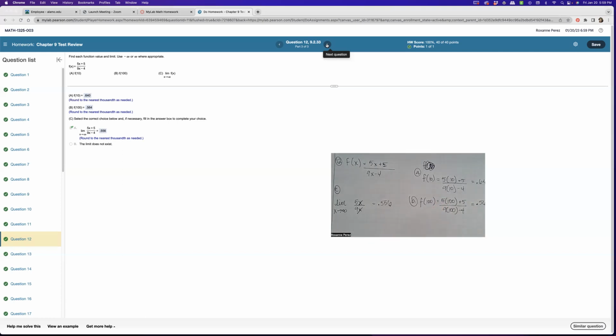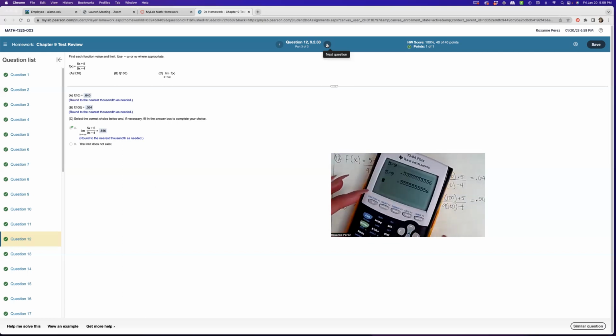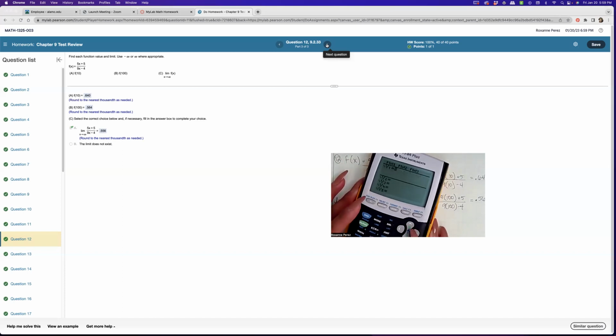Now, if we want to do it in calculator, what we're going to do is go to our y equals, type this in: parentheses, 5x plus 5, close parentheses, divided by parentheses 9x minus 4, close parentheses.